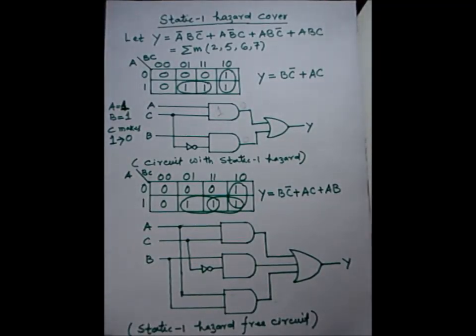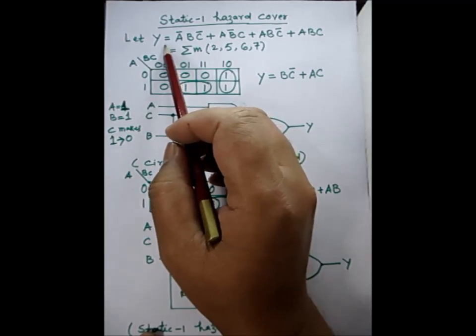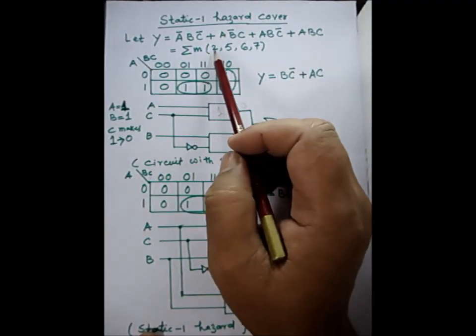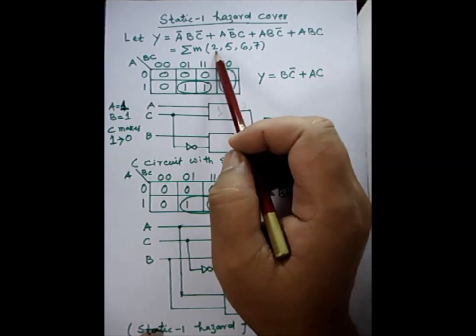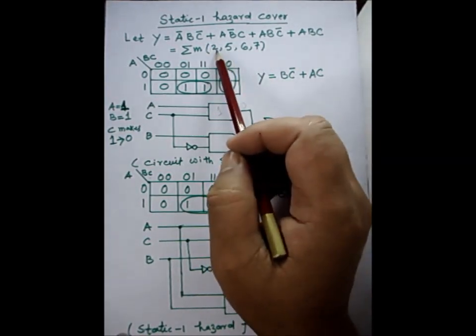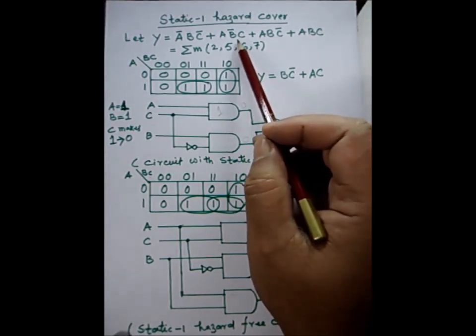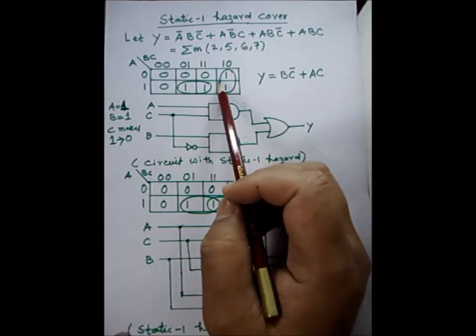Now we'll discuss the static 1 hazard cover: how to make a circuit free from static 1 hazard. Let us take an example of a Boolean function which is shown here in the minterm form, that is the summation of products, and we simplified it with the K-map.